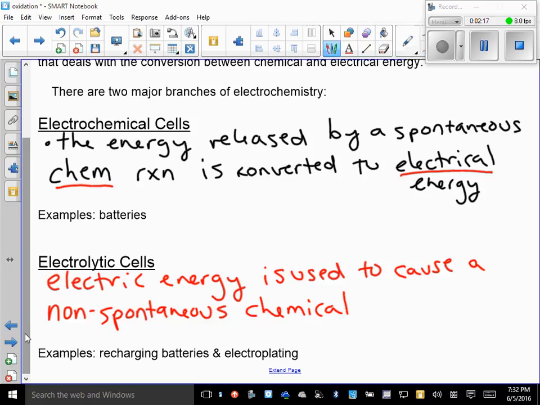So electrolytic, we go from electric to chemical. Electricity is used to make a chemical reaction happen. Some of the ways we do this are recharging batteries and electroplating.